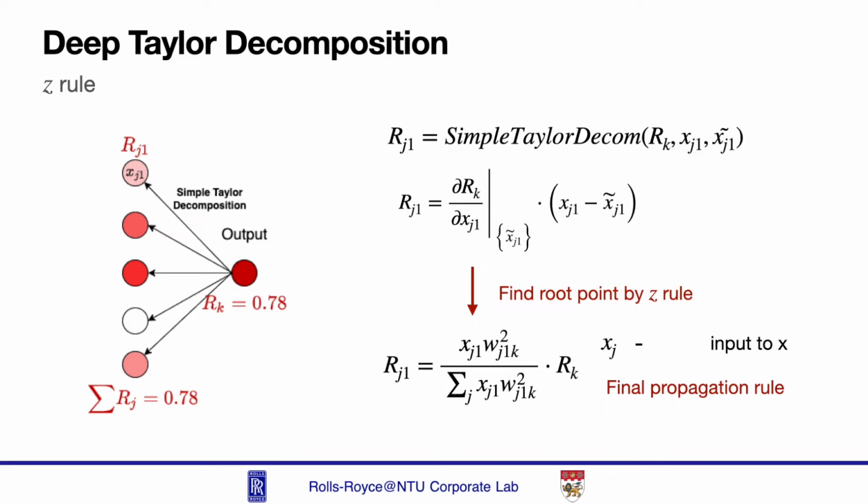So again, by finding this root point by the z rule, we will be able to rearrange the relevance function. This time, in addition to the weight vector, we also utilize the input data xj1, and this equation will be our final propagation equation.